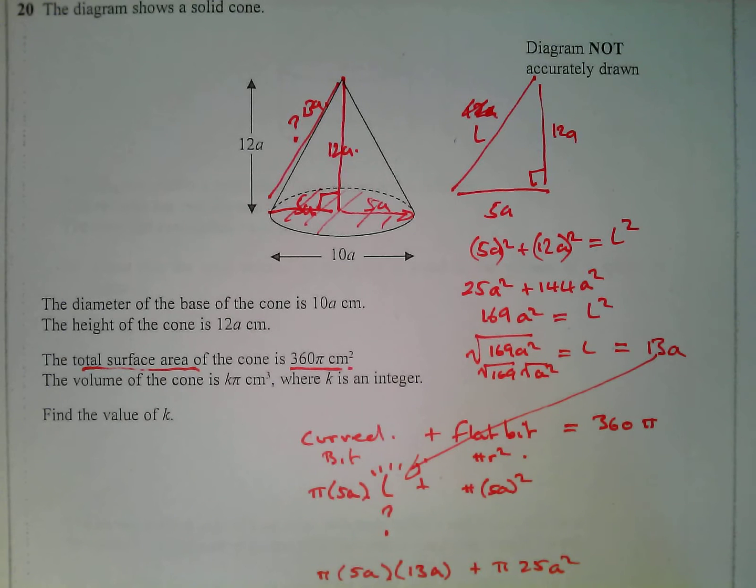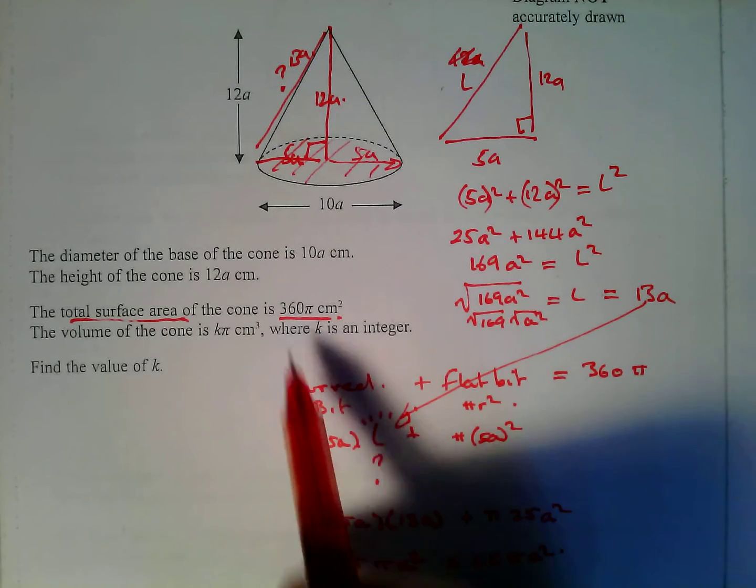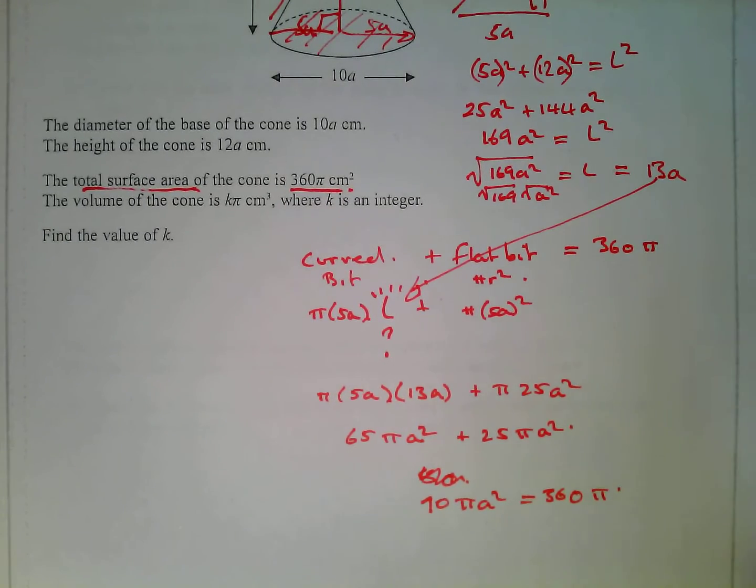So now I can put that back over here. So this distance here is now calculated to be 13a. So I've got pi times 5a times 13a, plus pi times 25a squared, just squaring the 5 out and the a out.